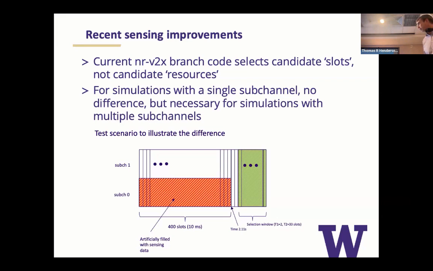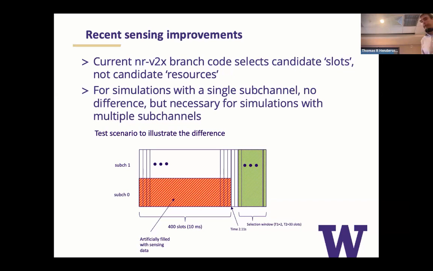So basically it considers a resource to take all the subchannels in a particular slot. And we noticed that if you run simulations where there's only a single subchannel, the existing algorithm was working. But when you have multiple subchannels, you need to be able to distinguish the resources across subchannels and frequencies, and not just slots.